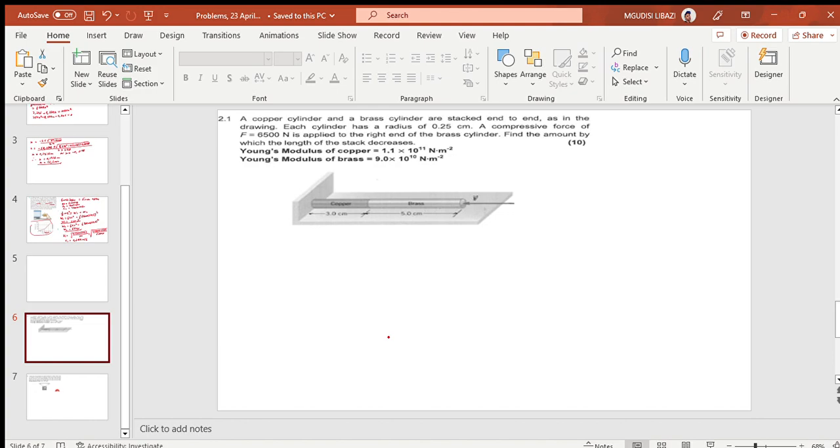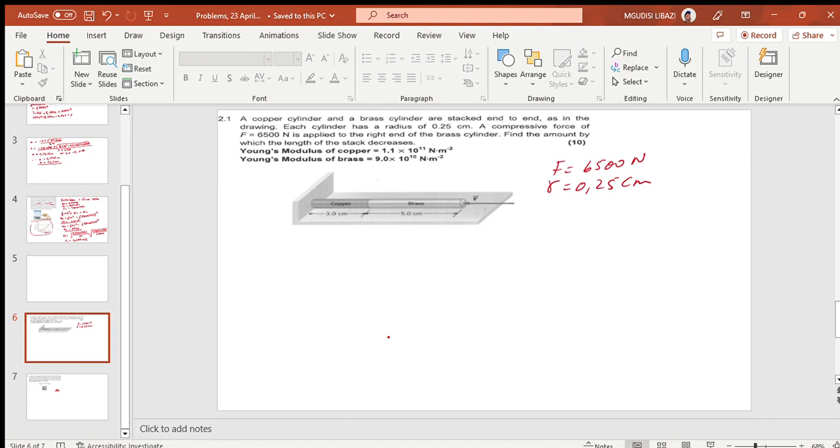So now we have an applied force, a compressive force, which is 6,500 newtons. And we also have, they're saying each cylinder has an equal radius of 0.25 centimeters.